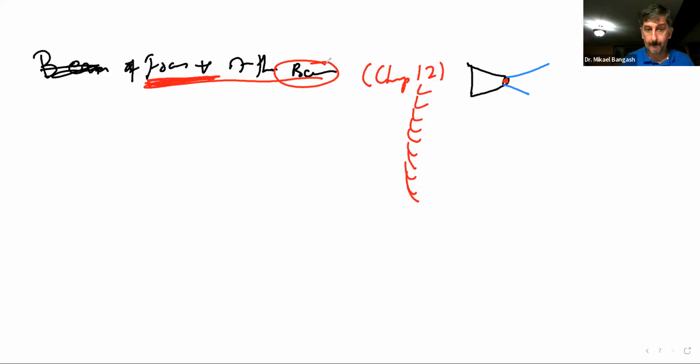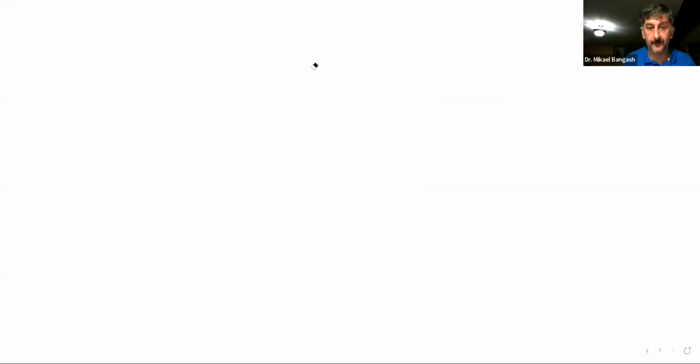Now, there are two major types of focusing of the beam. So we can say beam focusing has mainly two major types.